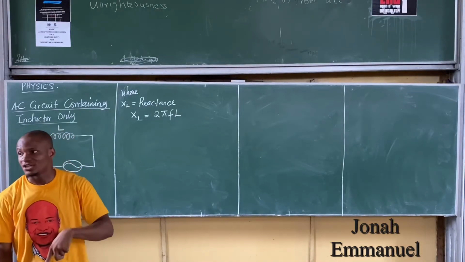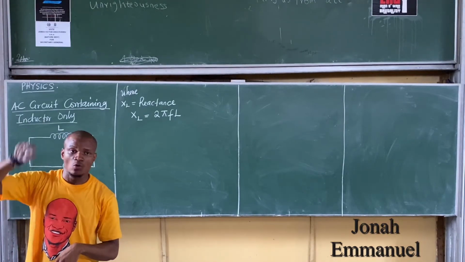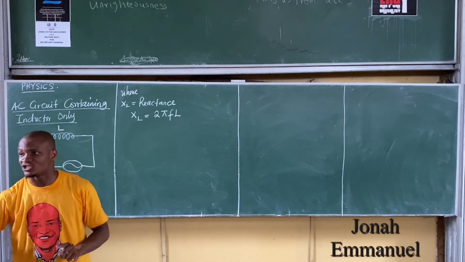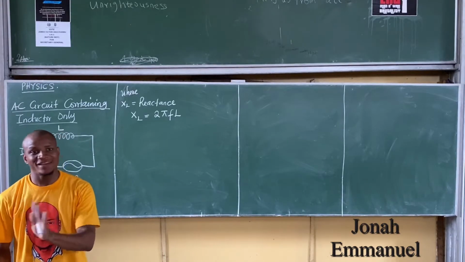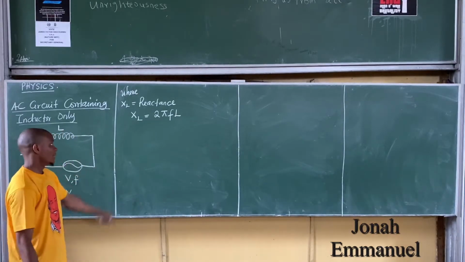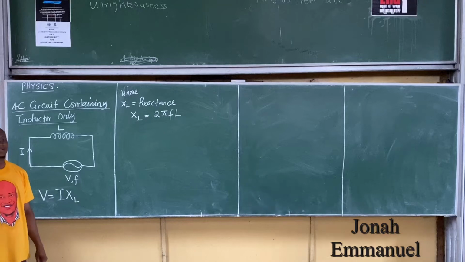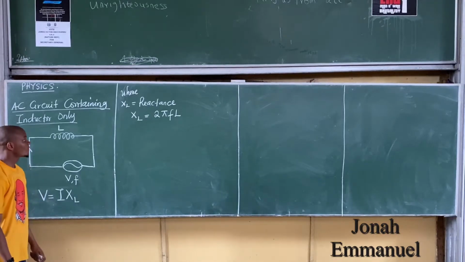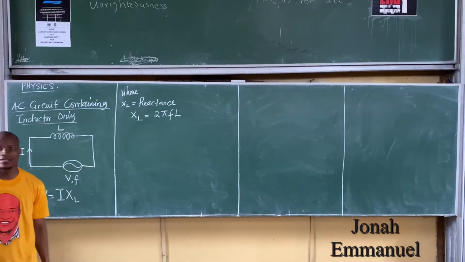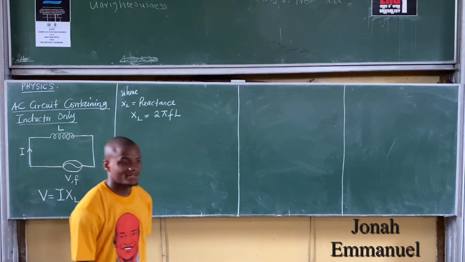For XC, I'm taking the inverse, 1 over 2 pi fC. For XL, there is no inverse, it's just straight 2 pi fL. That's the concept. It's called the reactance of the inductor circuit. What's a reactance?